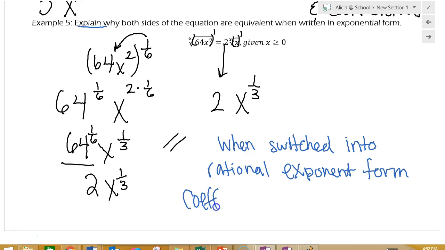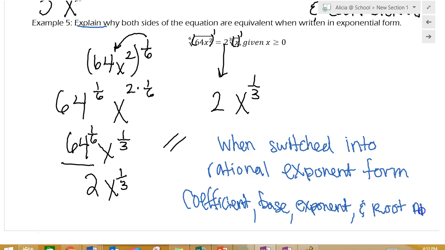The coefficient, the base, the exponent, running out of room here, and roots are equal. All right, so don't forget to give me at least something. The directions do say explain, so don't lose those silly points and forget to explain when you have all the correct words.